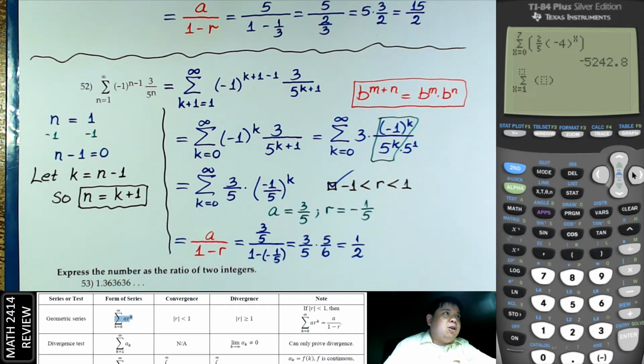I just type the original series times fraction of 3/5 raised to the n power, right?